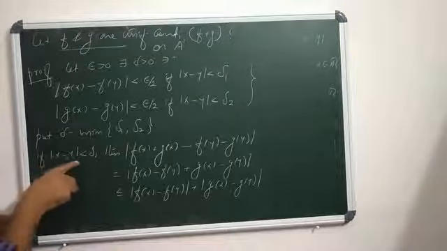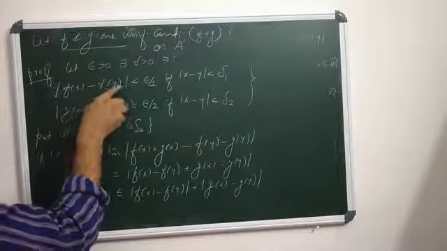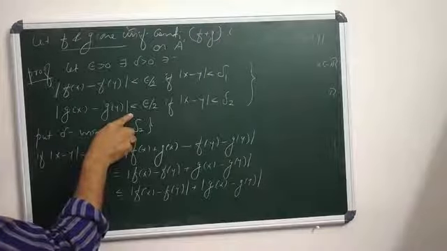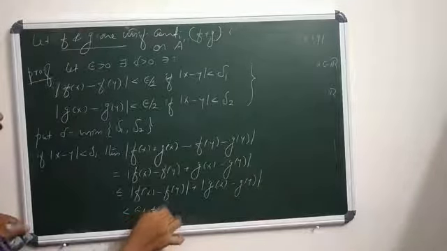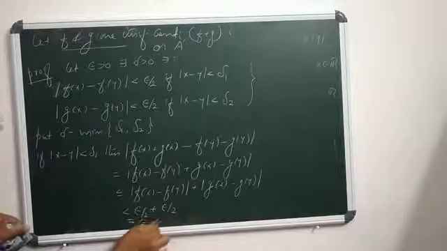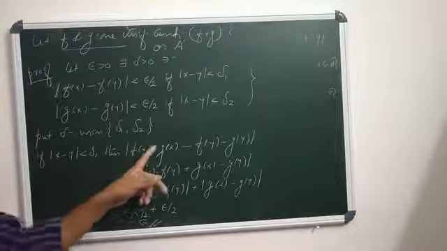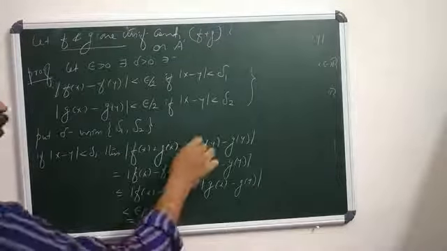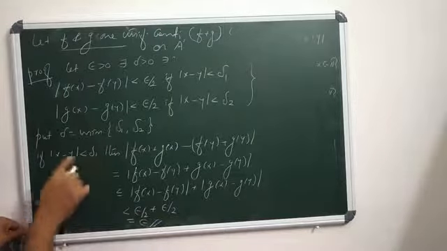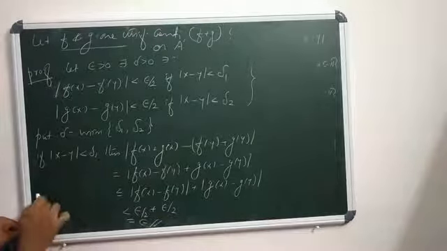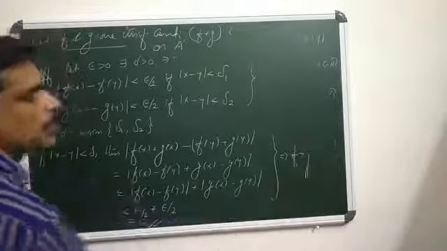But when mod x minus y is less than delta, we know that mod f of x minus f of y is less than epsilon by 2 as well as mod g of x minus g of y is less than epsilon by 2. So it is strictly less than epsilon by 2 plus epsilon by 2 equals epsilon. That means modulus of f of x plus g of x minus f of y plus g of y is strictly less than epsilon, provided mod x minus y is less than delta, so f plus g is uniformly continuous.